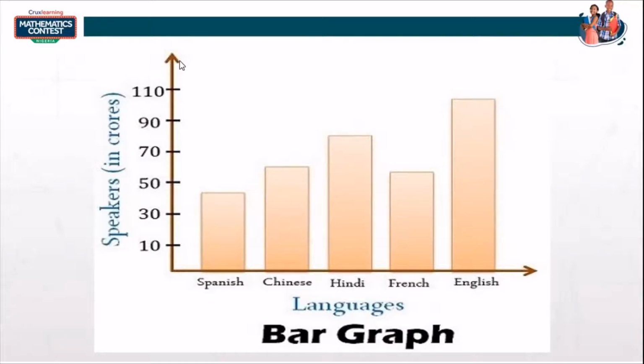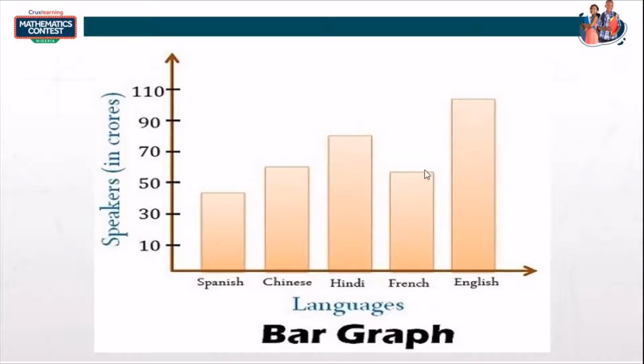So you can see I have my vertical line representing the speakers, okay, and then I have the horizontal representing languages. And here you can see each bar tells us the number of speakers of each of these languages.